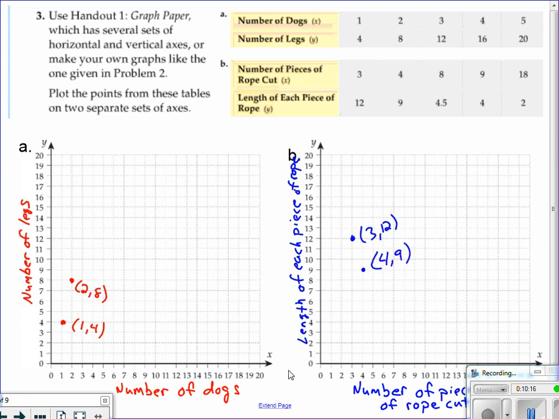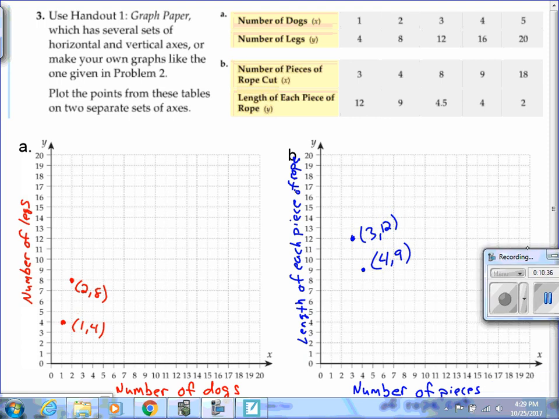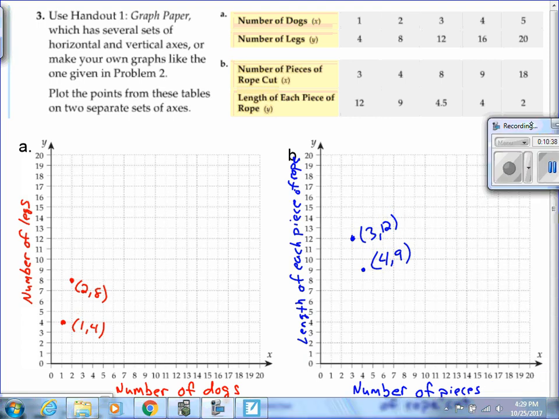Okay, now with the dog problem here, when the number of dogs goes up, the number of legs is going to go up. Okay, more dogs, more legs. Now the rope problem, what you're going to notice happening here is that the more pieces of rope we cut, the shorter each piece of rope gets.